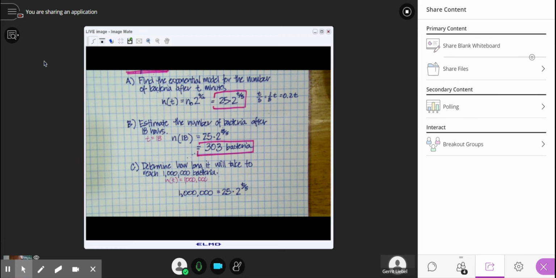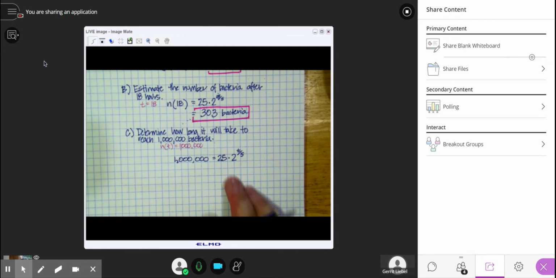I need to use what I've practiced with the laws of logarithms in order to solve this for T. This is the exponential function, and I now need to solve it for T. To do that, I need to get the base to the exponent alone on one side. So I'm going to divide both sides by 25. That tells me that 40,000 is 2 to the t over 5.